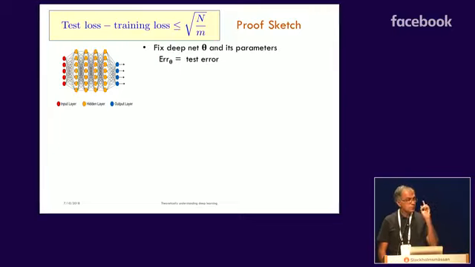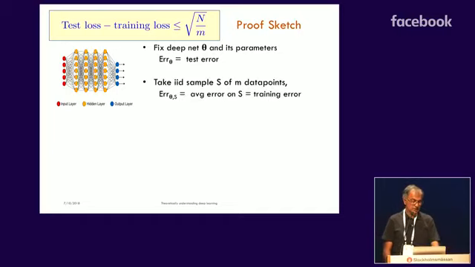You fix one deep net, theta, and its parameters. And now, theta has a test error, okay? The error on the full distribution of samples. So whatever it is, error sub theta. And now, having fixed the deep net, you take a sample S of m data points, and you look at the average error on those samples, which is the training error.